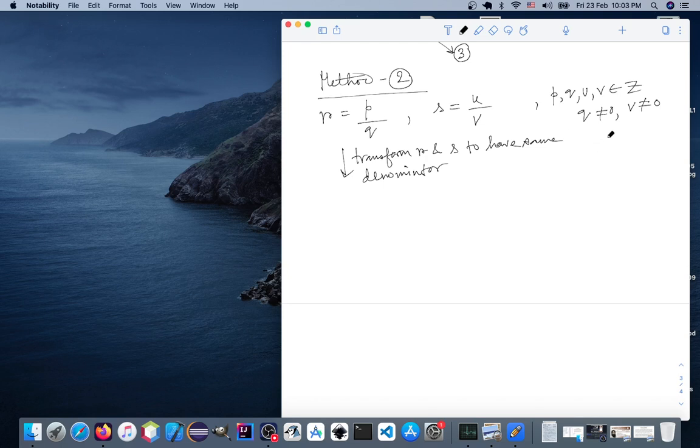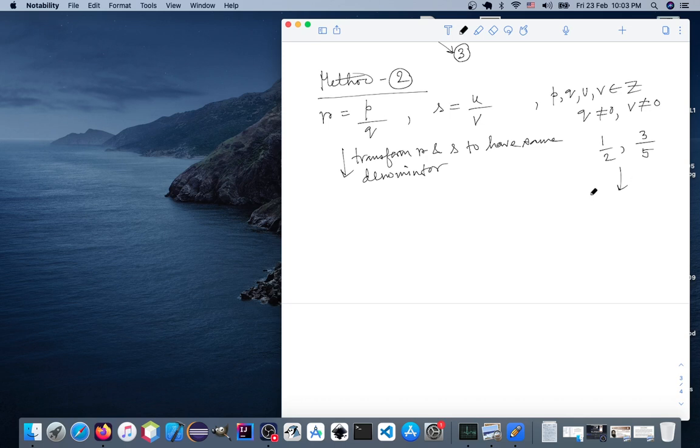For example, if I want to transform half and 3 by 5 to equivalent rational numbers that will have the same denominator, what do I do? The LCM of 2 and 5 is 10. So I need to have 10 as the denominator in both the transformed rational numbers. To make 10 in the denominator in the first rational number, I have to multiply both denominator and numerator by 5.